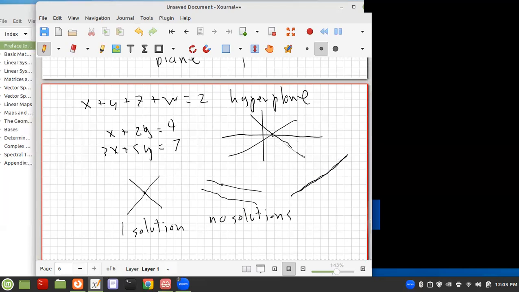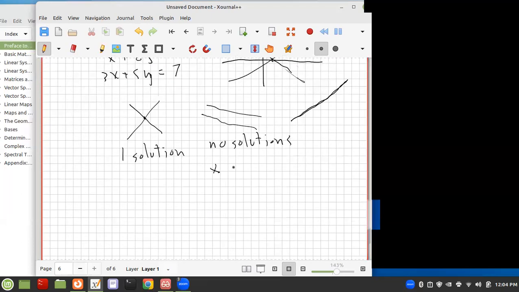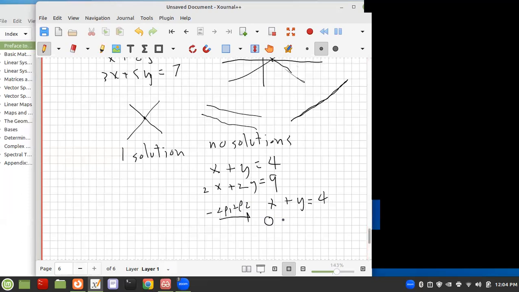Now, this linear system is the one we've dealt with. We had one solution. This one would be, let's see, x plus y equals 4 and 2x plus 2y equals 9. Because if I did a row operation on this one, minus 2 row 1 plus row 2, this would go to x plus y equals 4, and minus 2x would give me 0, and minus 2y would give me 0.